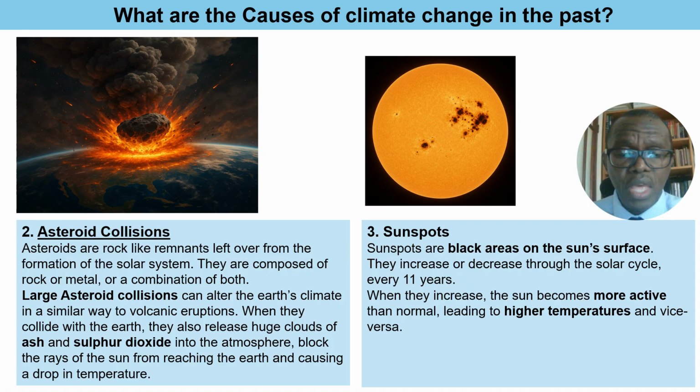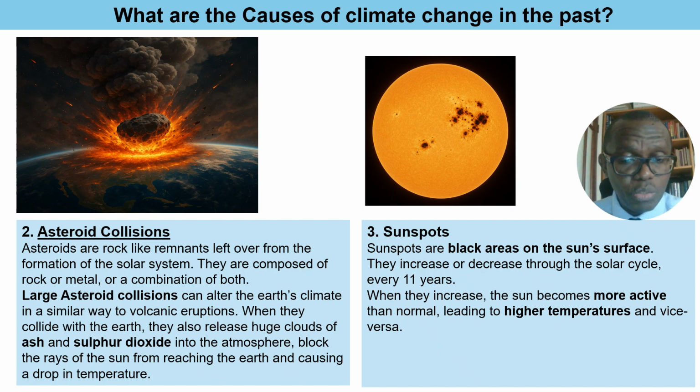Then moving on to the third cause of climate change in the past, we are talking about sunspots. And sunspots are black areas on the Sun's surface. Now they increase or decrease through the solar cycle, and that solar cycle lasts 11 years ordinarily. So within that 11-year cycle, you may get an increase or a decrease in the number of sunspots that the sun has.